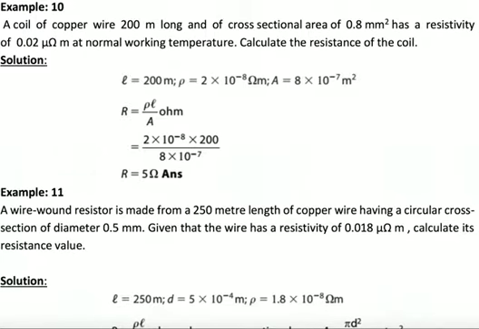Area of cross-section, you have to convert that into meters: 0.8 into 10 to the power of minus 6, which is 10 to the power of minus 3 whole square, nothing but 10 to the power of minus 6, or otherwise 8 into 10 to the power of minus 7. If you do the calculation, rho L upon A is the resistance. Substituting those values, you will get 5 ohms as the answer.